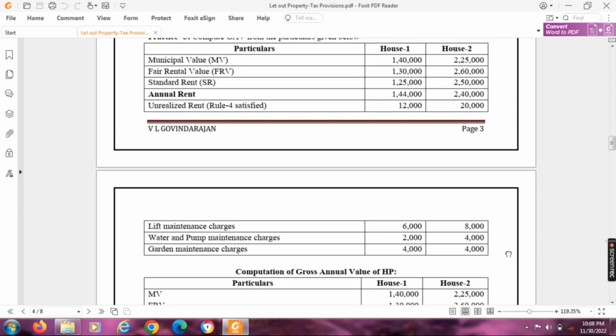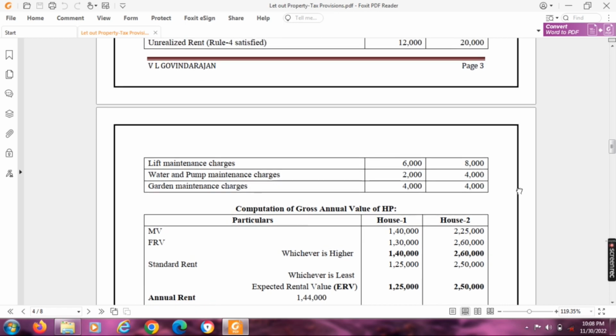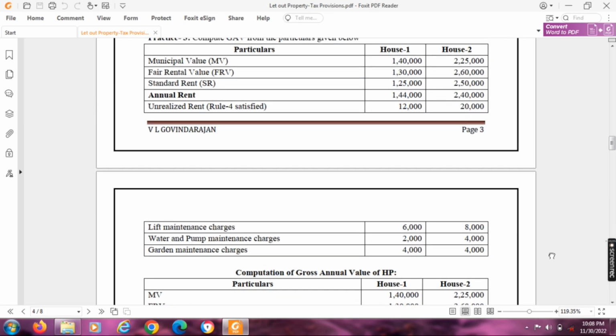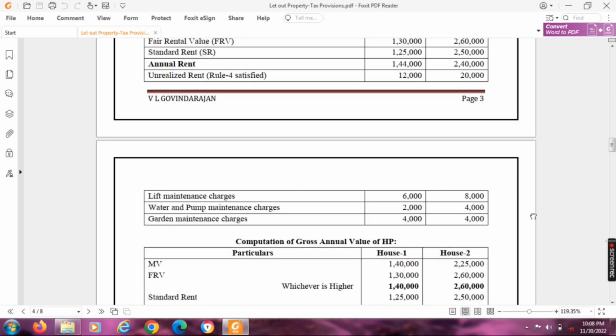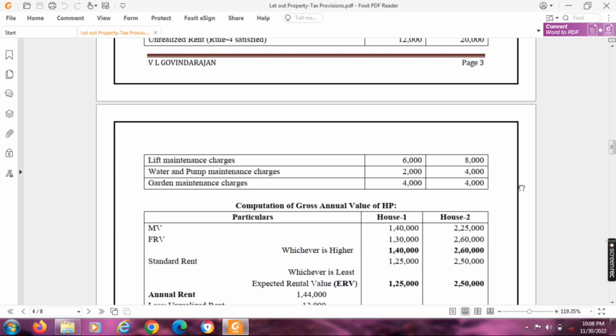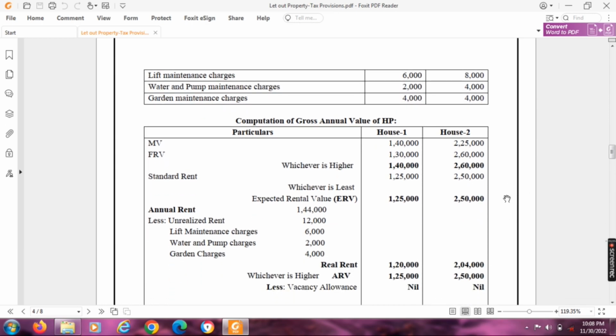For the first house, municipal value is 1,40,000 and for the second house 2,25,000. Fair rental value for the first house is 1,30,000 and for the second house 2,30,000, whichever is higher. So 1,40,000 and 2,60,000. This is the first step. With that value, we have to compare the standard rent: for the first house 1,25,000, for the second house 2,50,000.